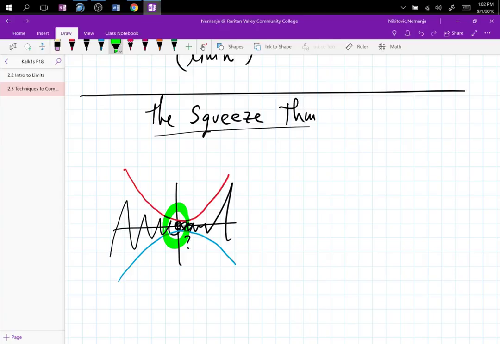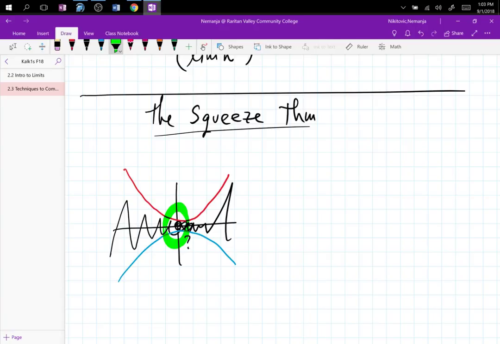So your job is to find 2 functions that are going to squeeze or sandwich in the bad one. And if the red and blue limits give you, let's say 7, then the one that is sandwiched in between has to be 7. Because they all have to go together at all times.